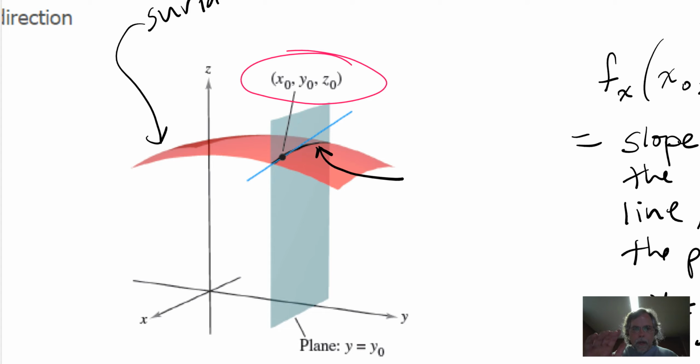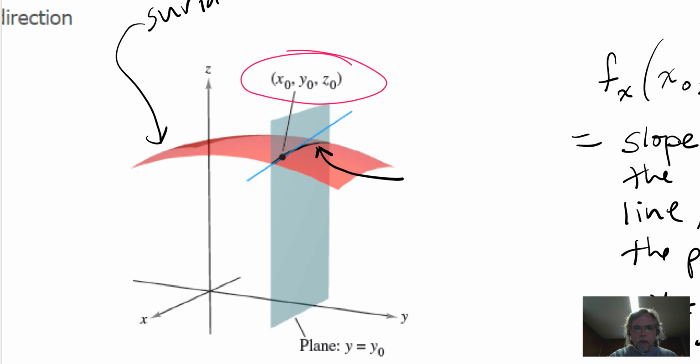So that black arc is what? It's like a regular 2D graph. At that point, x0, y0, z0, we draw the tangent line to that point in the plane y equals y0.